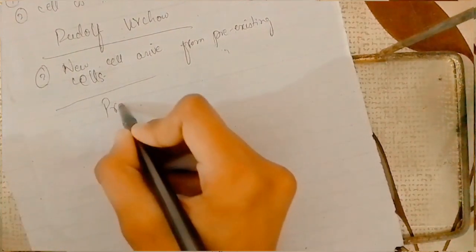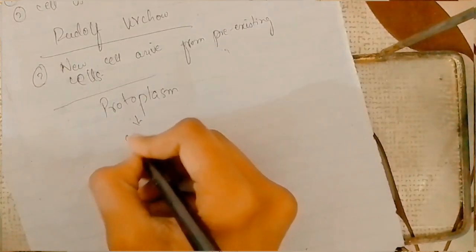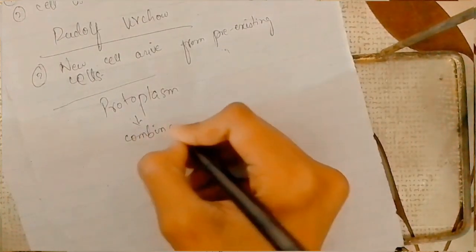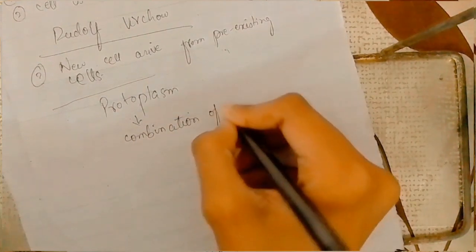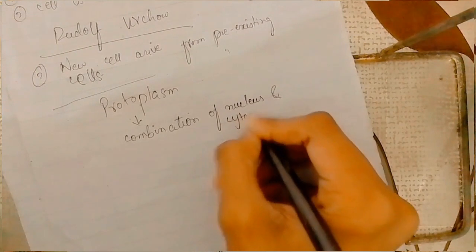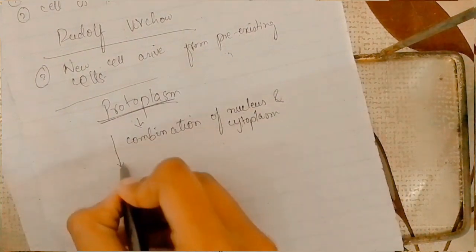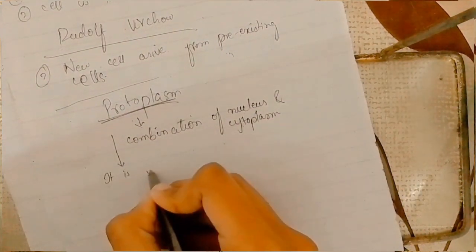Now that was the theory. Now let us talk about protoplasm. Protoplasm is basically the combination of nucleus and cytoplasm, both. It is a living matter. How is it living?